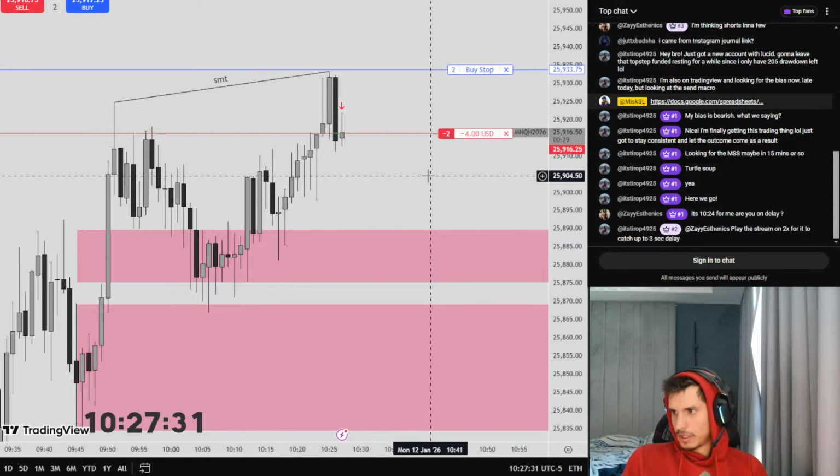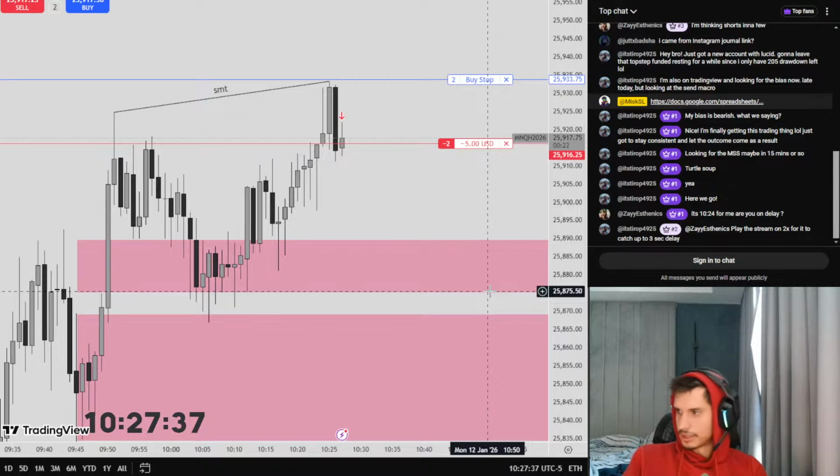It's a tight stop. This is probably just like a $50 trade, but it's an early entry. $50 risk, something like that. Not really risking too much. This is just a forever model trade.